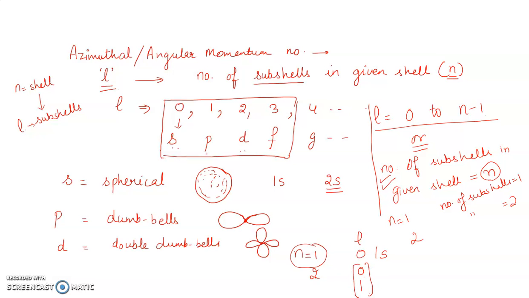Now 0 in the second shell, so L value 0 we assign S, so it is 2S, and 1 is 2P. Similarly if we take n equal to 3, then the values of L will be 0, 1 and 2, so it is 3S, 3P and 3D. So from L we can find out the number of subshells in a given shell.